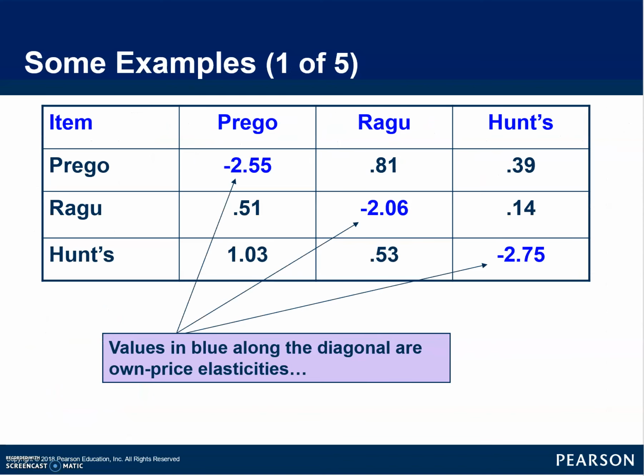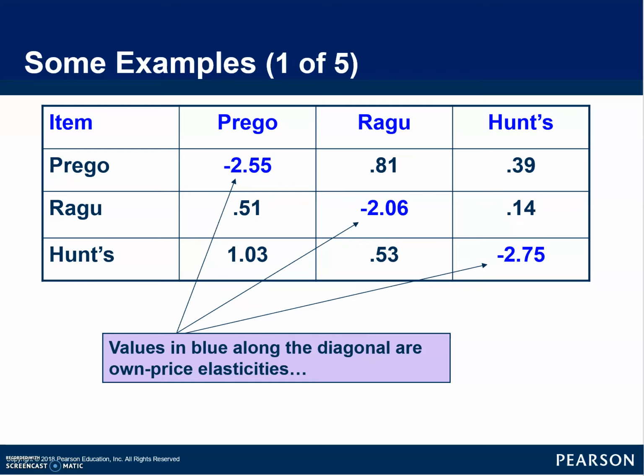Let's take a look at some other examples. So we have some products that I think right off you can identify that they would be substitutes for one another. And in some cases, we see that the values in blue, as an example, that's the own price elasticity for those individual products.